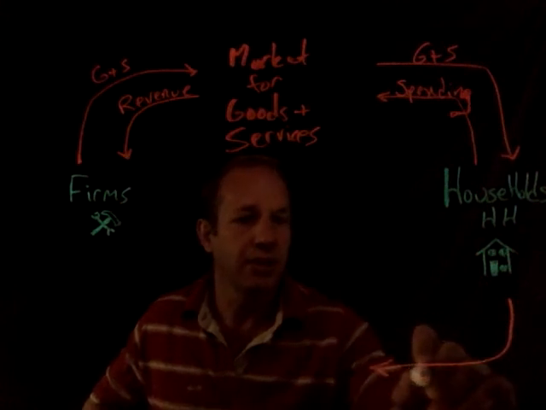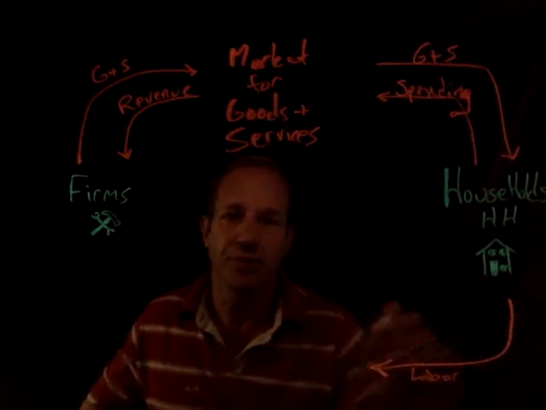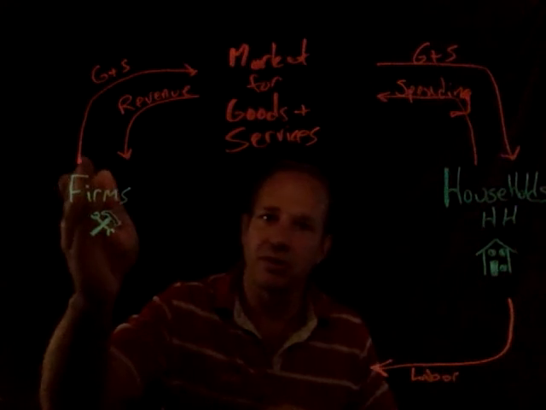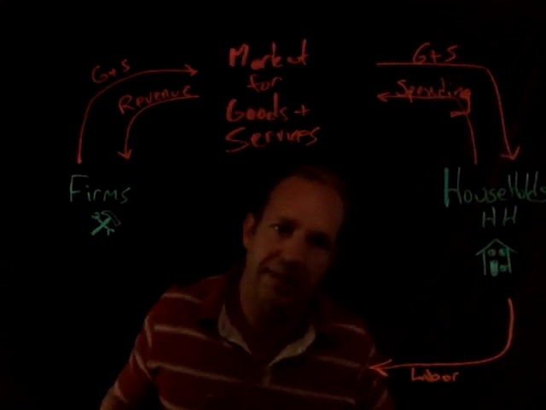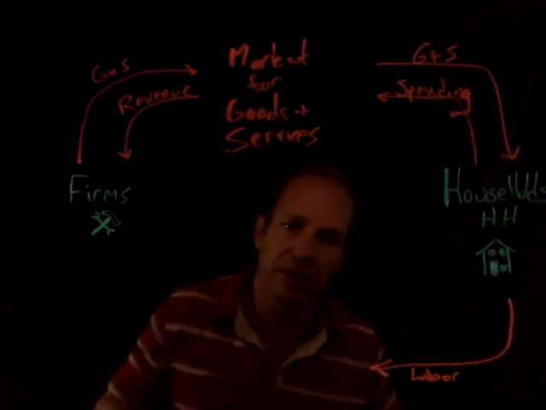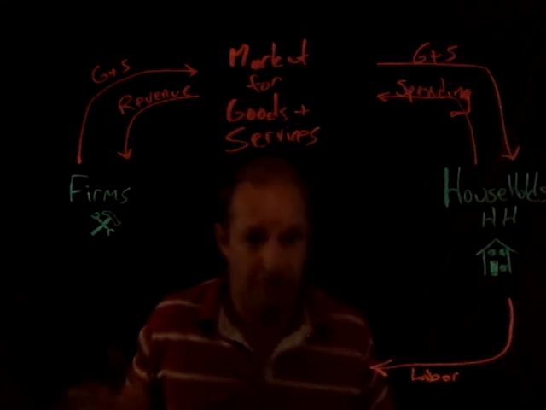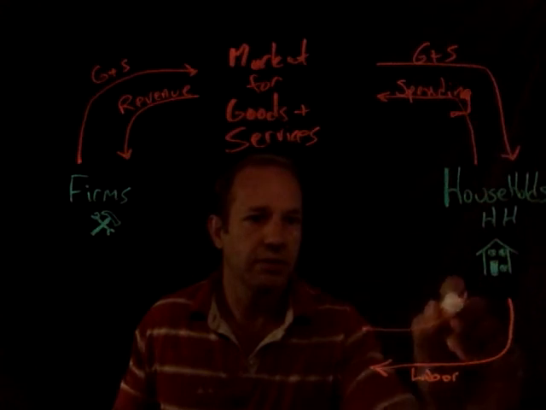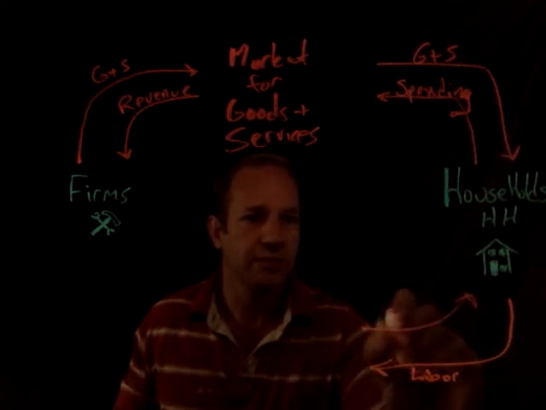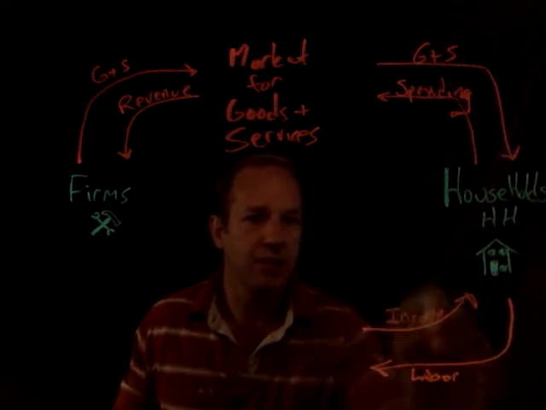Labor is one thing that comes from the households that makes those goods and services that the households ultimately get to enjoy when they spend their money. Now, why do we go to work? Well, we do that for income. And that's what we call it. That's our income.